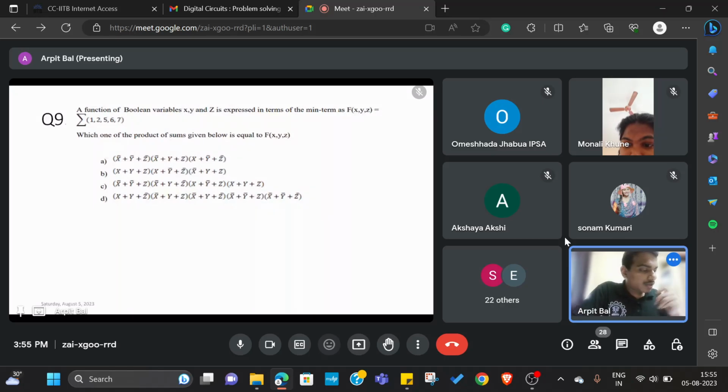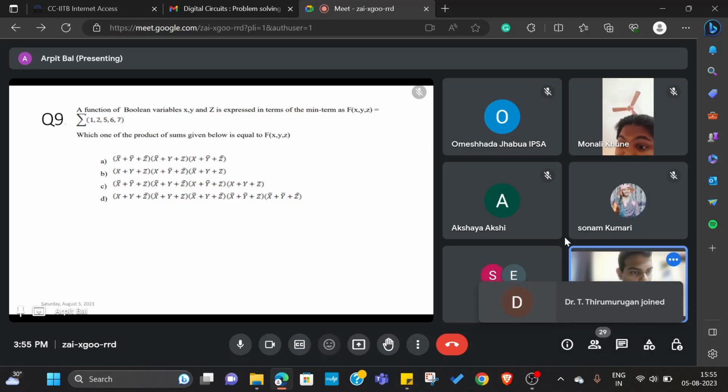Okay, in question 9 we have an expression that says you take the summation of 1, 2, 5, 6, 7, and we need to find out which one is the product of sums representation of that function.